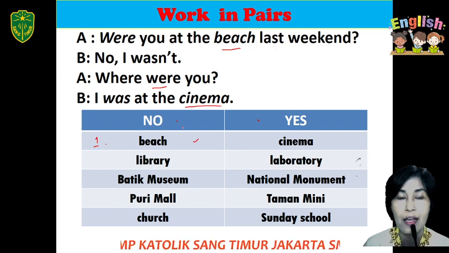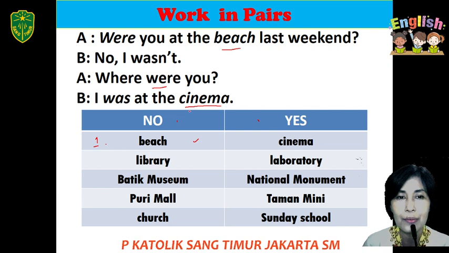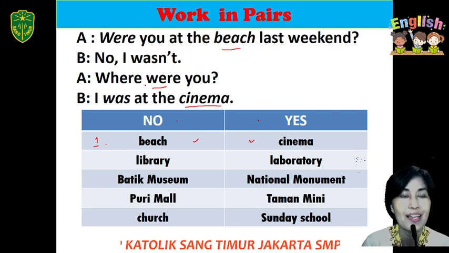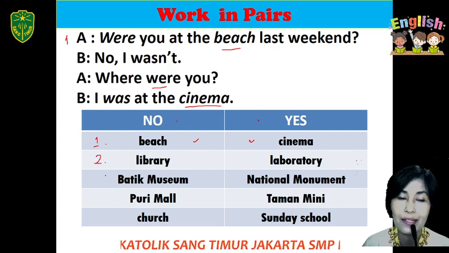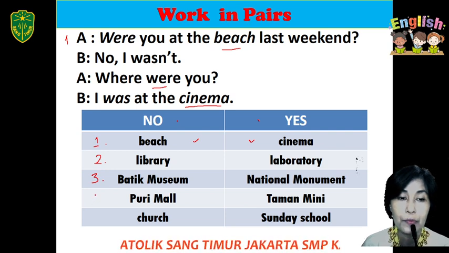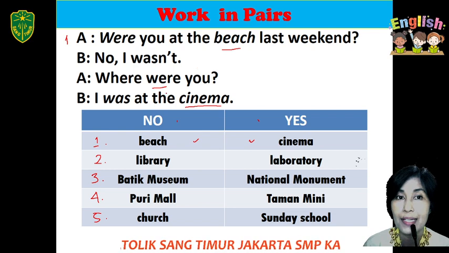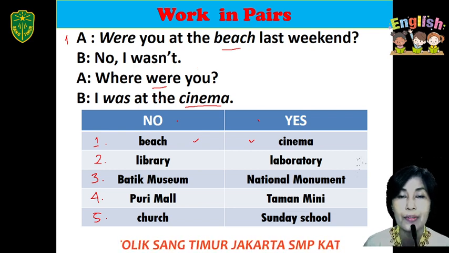No, I wasn't. Where were you? I was at the cinema. Okay, this is number 1. And then you are going to make the sentences or the dialogue for number 2, 3, 4, and 5 using the same pattern. Were you?